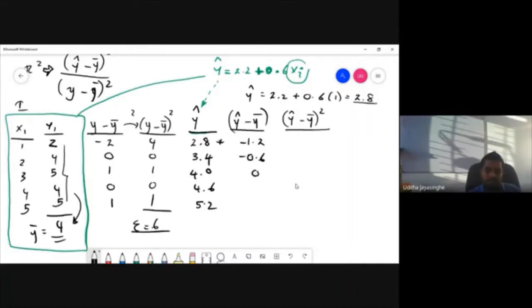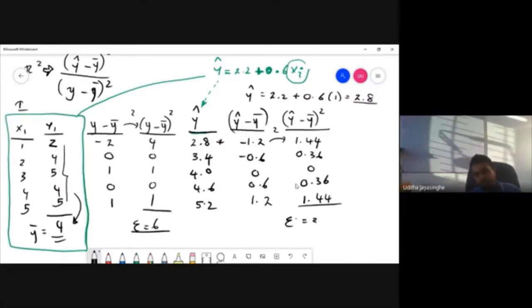It's going to be positive 0.6, and this is going to be 1.2. Next step is nothing but take the square value of all these numbers. Negative 1.2 is going to give me 1.44. This is going to give me 0.36, 0, 0. This one is also 0.36, and positive 1.2 is going to give me also 1.44. Lastly, I have to take the sigma of this. This is going to be 3.6.